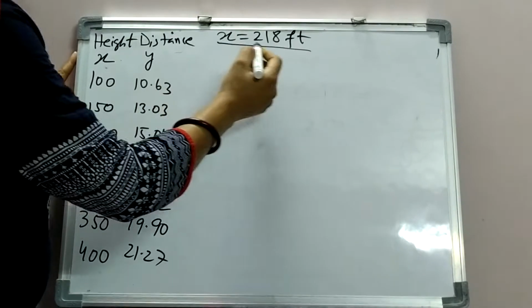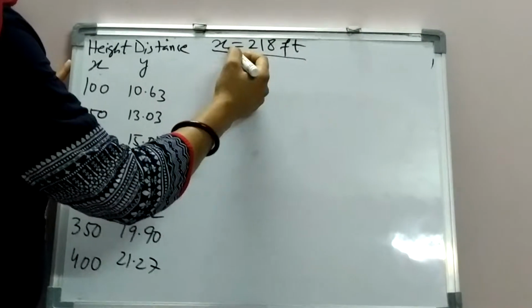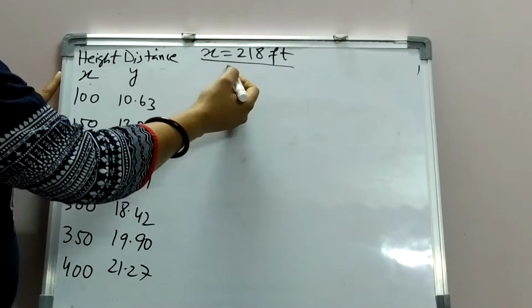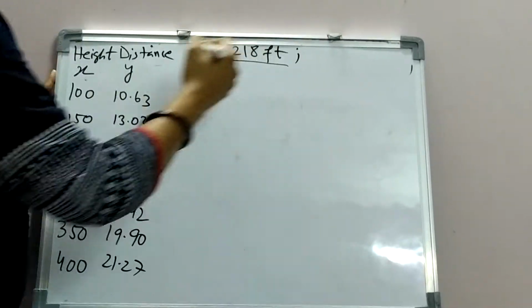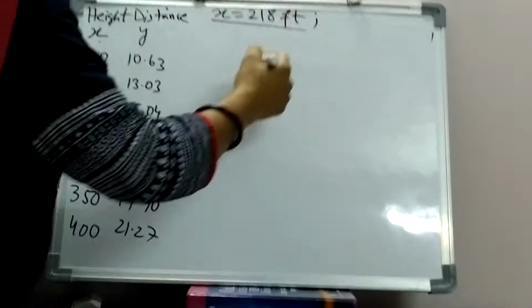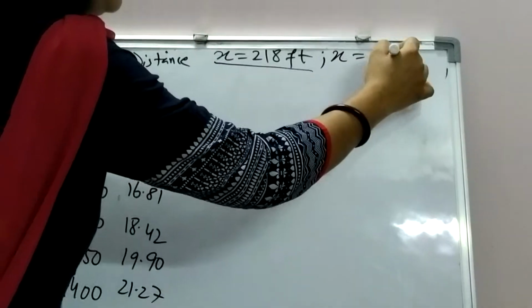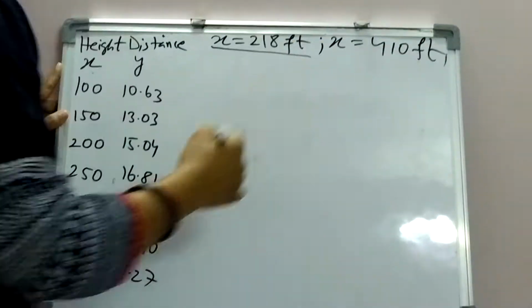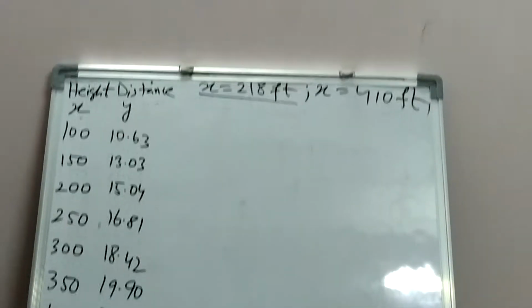So we need to find y at x equal to 218 feet. And another value also we have to find at x equal to 410 feet. What is the distance?